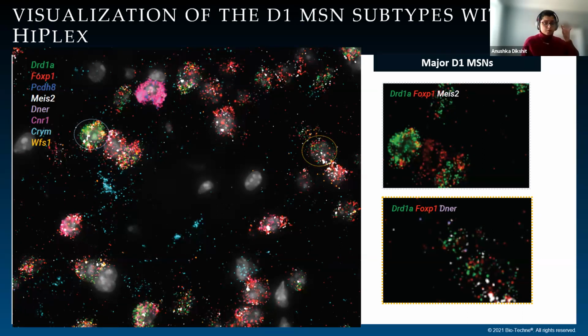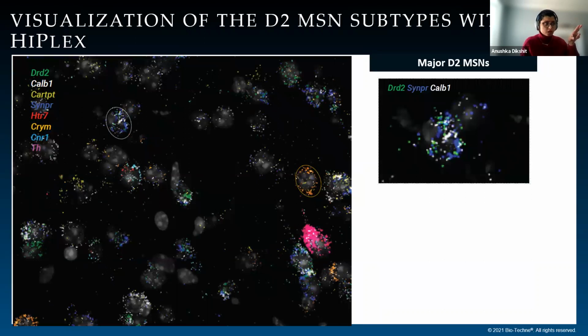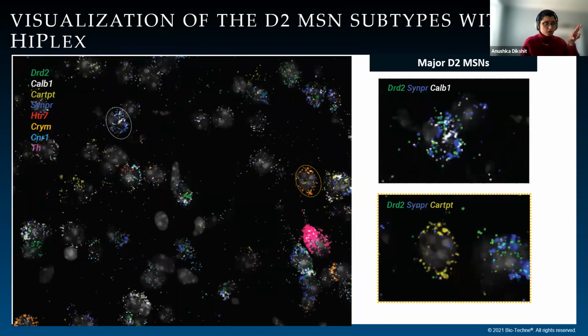So similarly, for the D2 population of neurons, we took a set of targets, which were specific gene signatures for those neurons, and then identified subpopulations within this D2 population of neurons. Again, highlighting how well we are able to look at a single molecule of RNA at that single cell level.